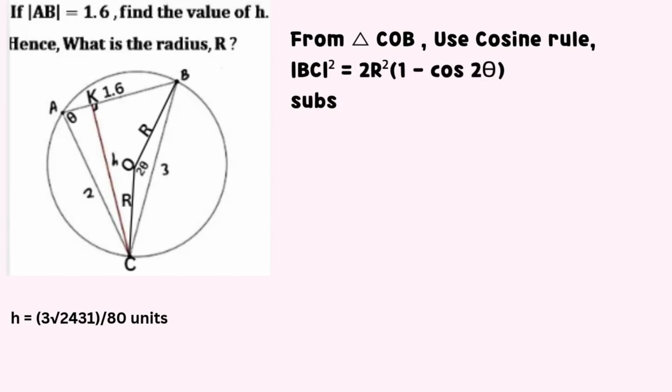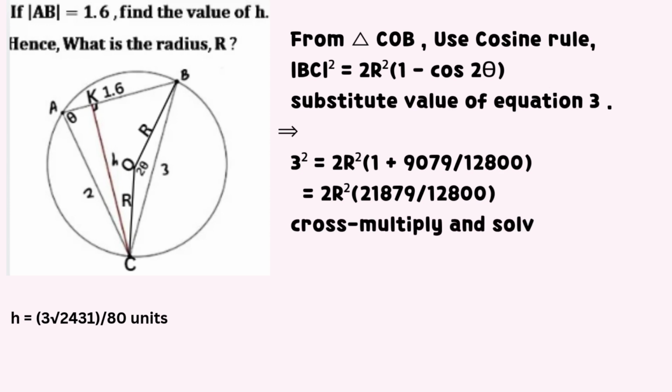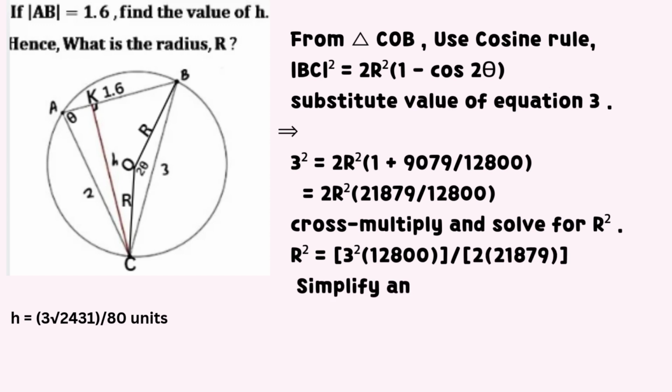from triangle COB, use cosine rule. The square of line BC equals 2 times the product of the square of R and 1 minus cosine 2 theta. Substitute the value of equation 3. We obtain an equation as shown on the screen. Cross multiply and solve for the square of R. It follows that the square of R equals the product of the square of 3 and 12,800, all divided by 2 times 21,879.